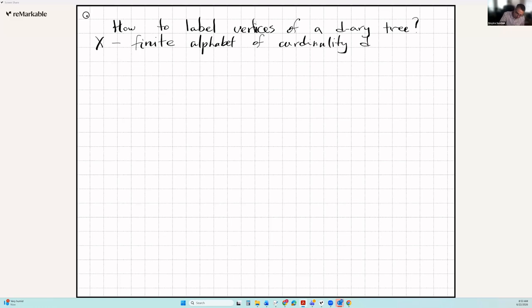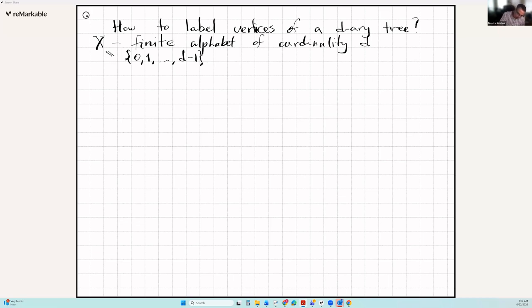So for our purposes, for example, you could take X to be 0, 1, up to d minus 1. It really doesn't matter, but let's just say that this is our X. It might matter when we consider some examples of self-similar groups, in which case it is sometimes natural to put some algebraic structure on X or on X infinity, and then consider some transformations of some spaces that will induce automorphisms or endomorphisms of this tree.